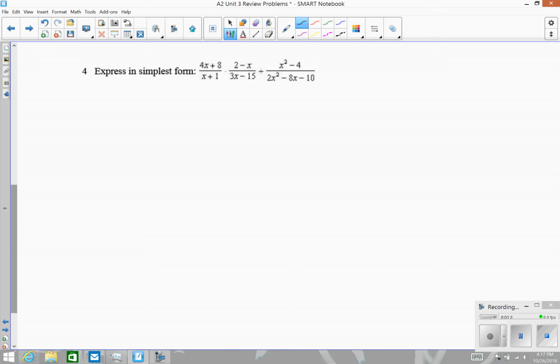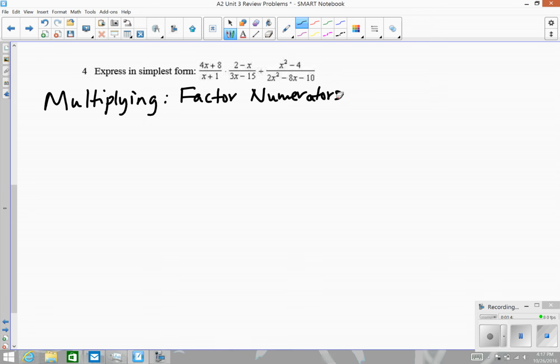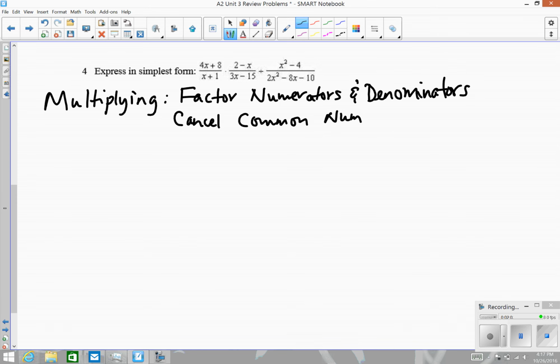So a couple things that we need to make sure we remember. When we are multiplying rational expressions, we want to factor our numerators and denominators, and then we want to cancel any common numerators and denominators.